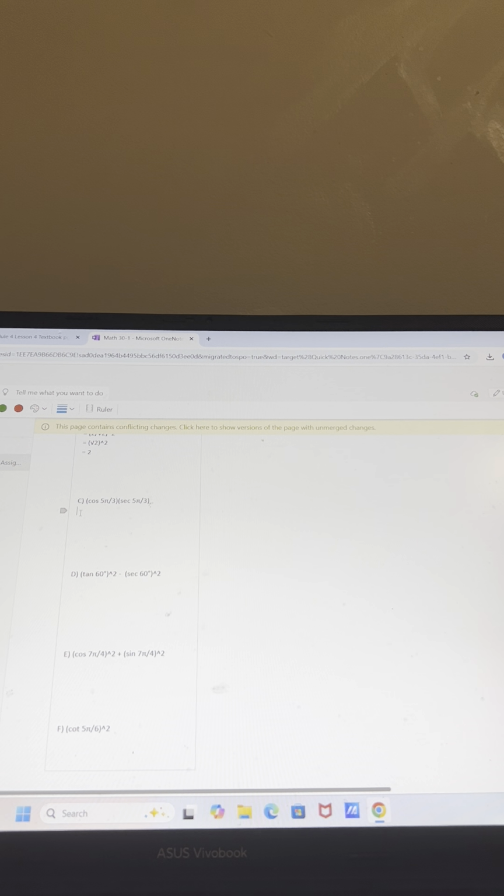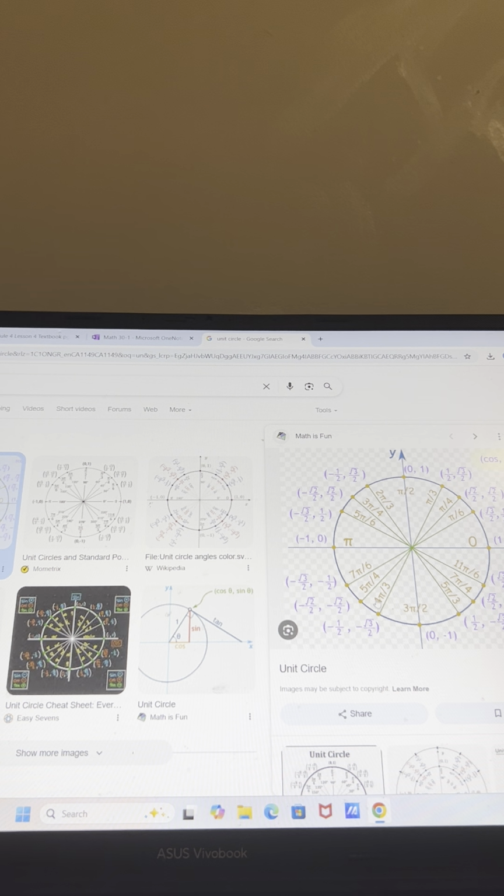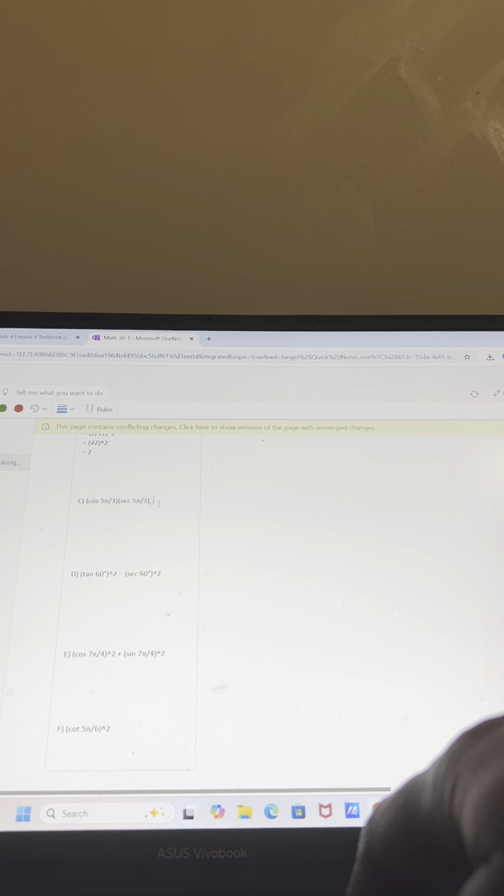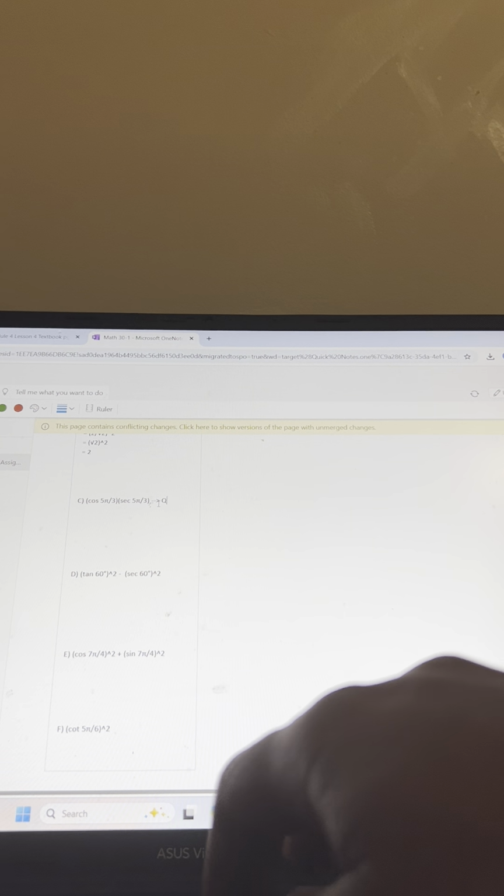Moving on to C here. Just going to change the mode. 5 pi over 3 is somewhere in the unit circle. 5 pi over 3 is in quadrant 4. So I'm just going to write quadrant 4.